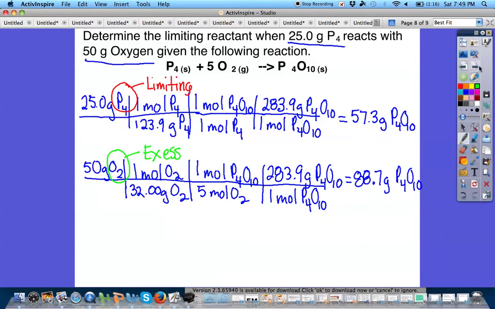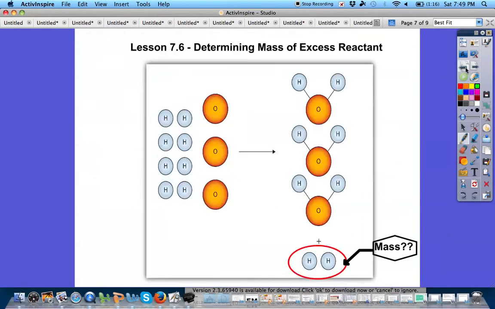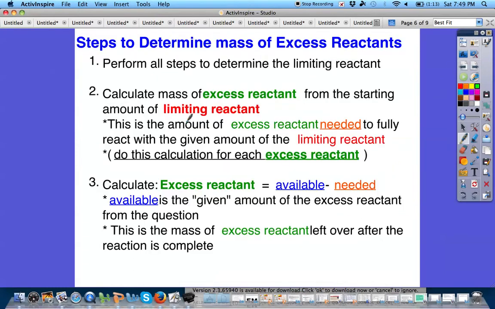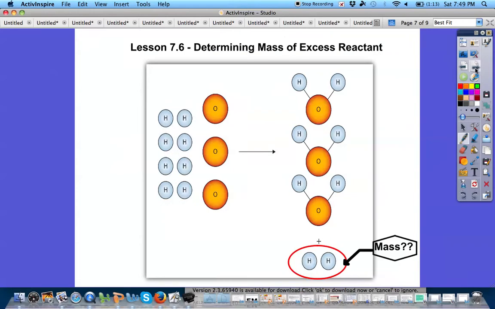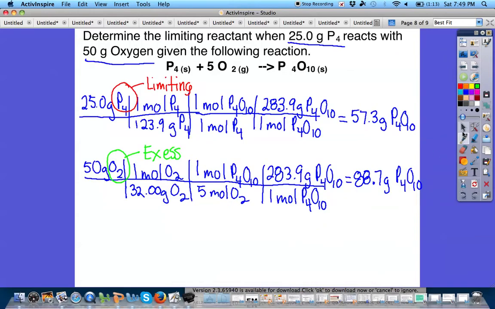So now, remember we said we need to calculate the mass of excess reactant from the starting amount of the limiting reactant. So we're going to take the starting amount of our limiting reactant, which is 25 grams of P4.